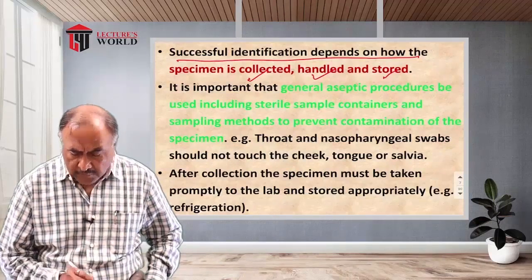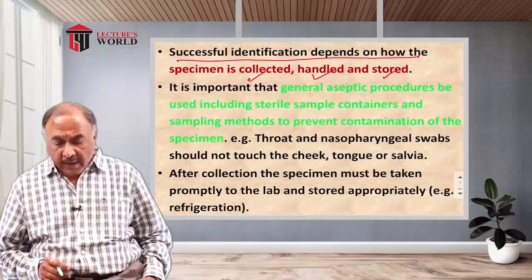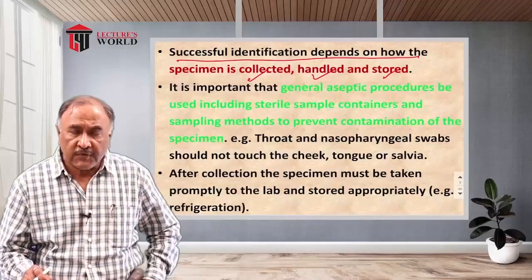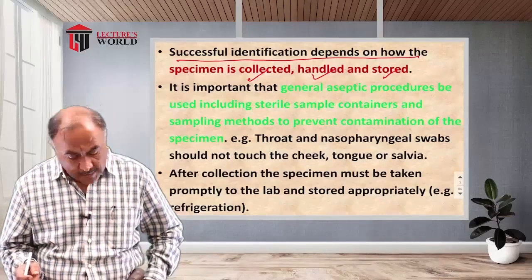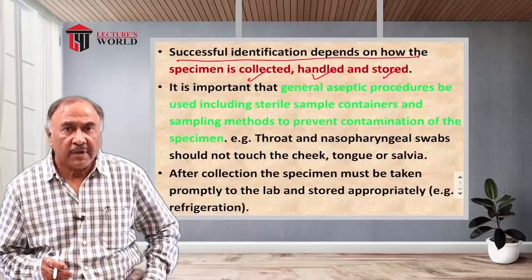These spirochetes are spiral in nature, and naturally the staining method which is used is a kind of special staining technique. It can be Burke's staining as it is shown here, or it can be the Fontana staining method.